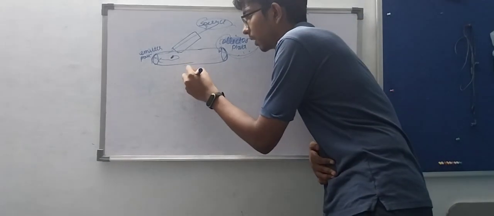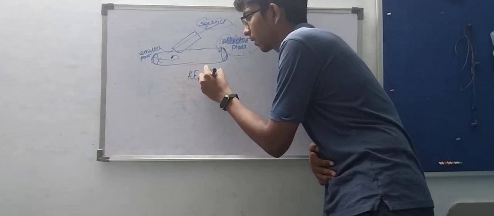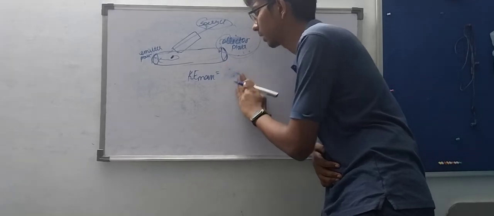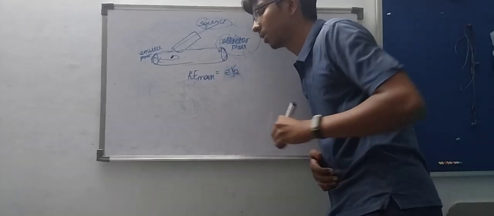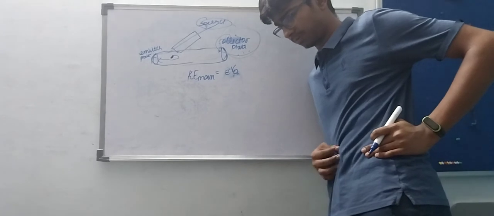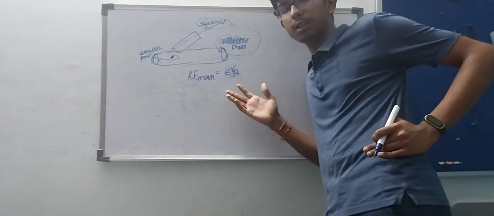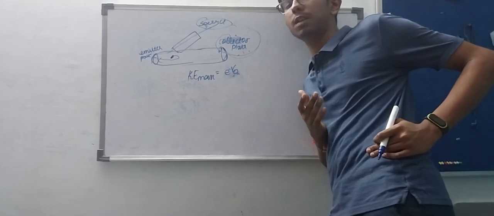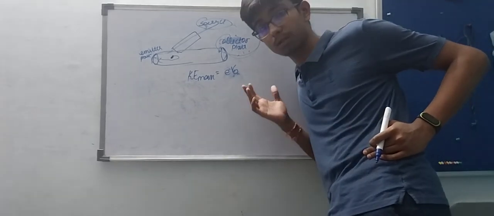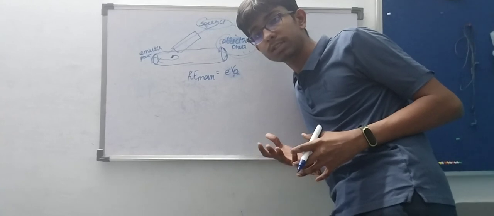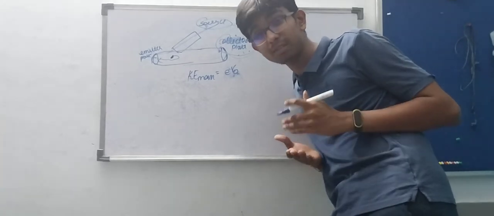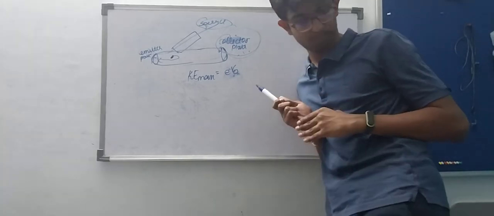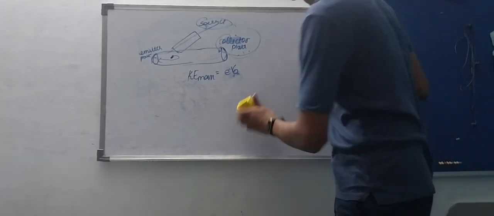It's mathematically represented as K max equals e V naught. Once again, I'm emphasizing that the stopping potential is dependent on the frequency of the light. It's not dependent on the intensity. Now I'll show it here with a graph.